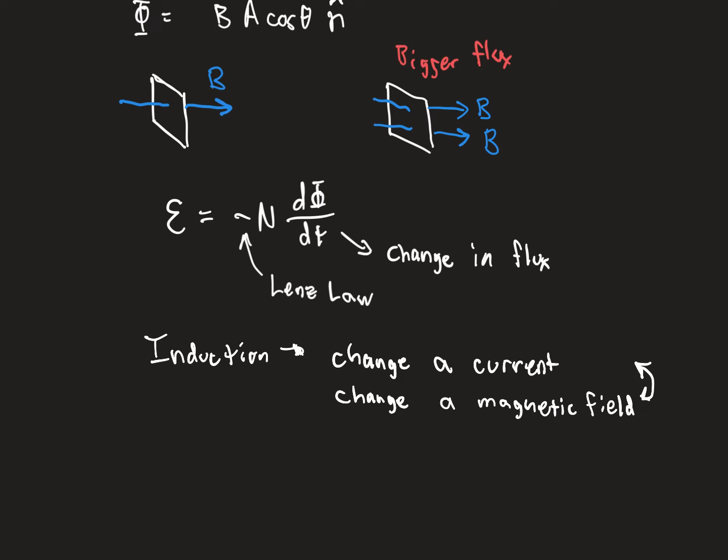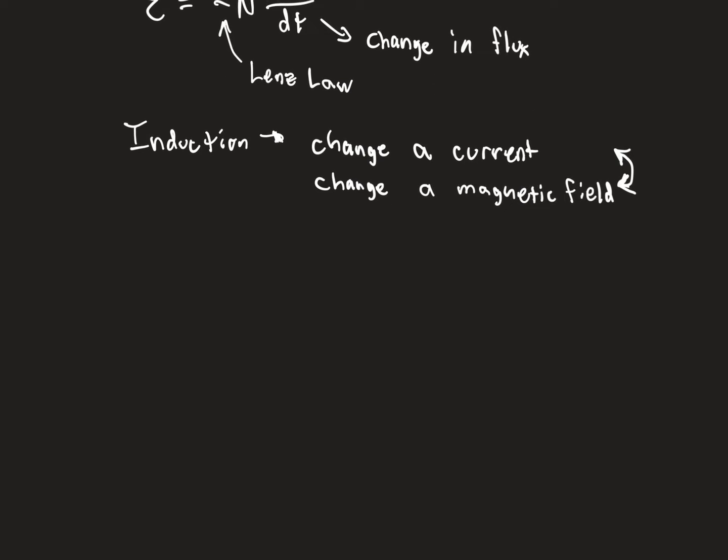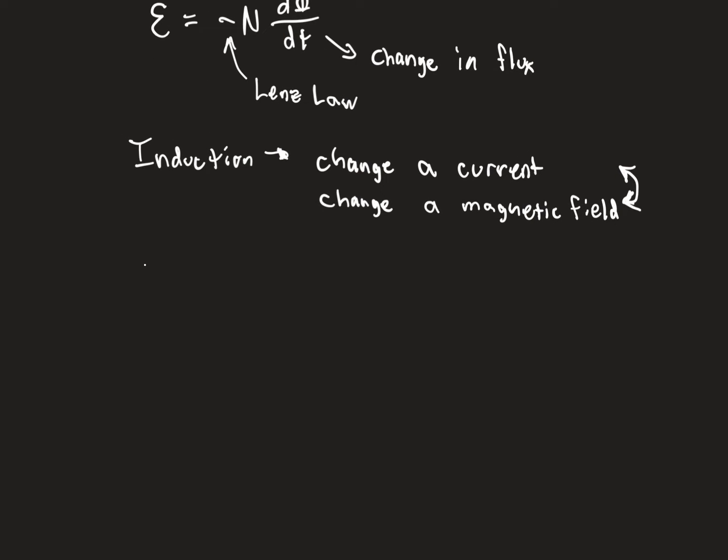If I change a current, magnetic field changes. If I change a magnetic field, then the current changes. These each change each other. Electromagnetism. Think of current as electricity, magnetic field as magnetism. Electricity changes magnetism, magnetism changes electricity. But nature hates change. Nature resists anything changing.